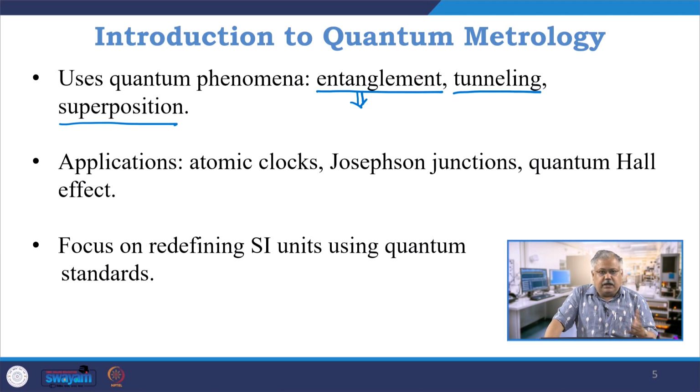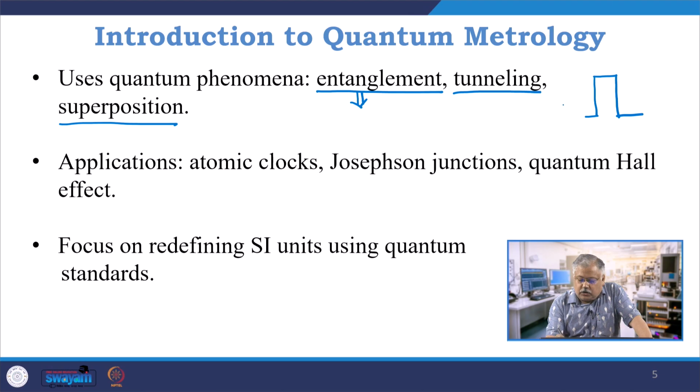And what is tunneling? Tunneling is basically that if you have, say, an energy barrier and a particle coming at this end, then in the classical world the probability of finding this particle at this particular point is 0. So, the probability will be 0 at this edge, right. However, it will not be 0 in a quantum mechanical world.